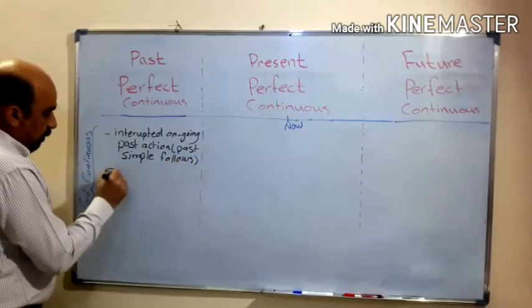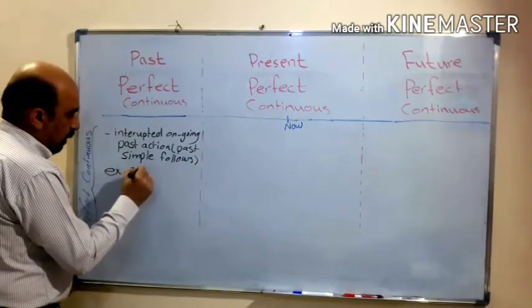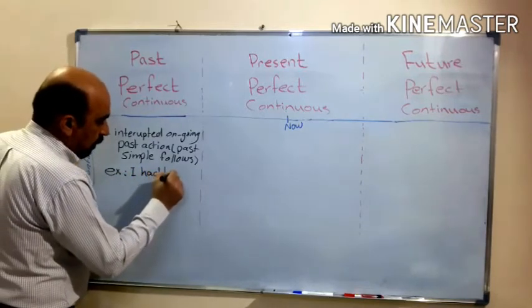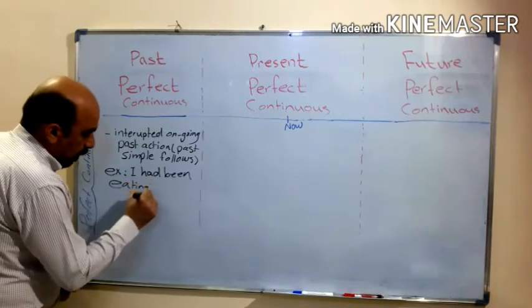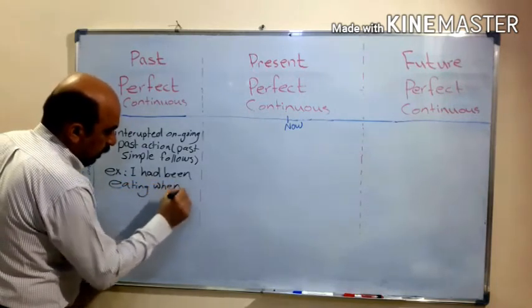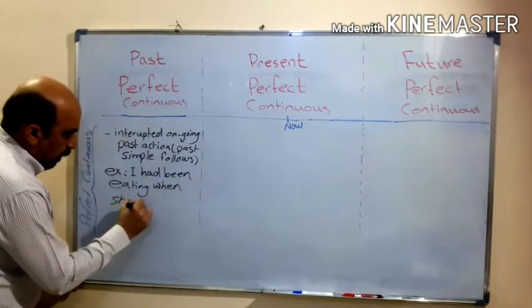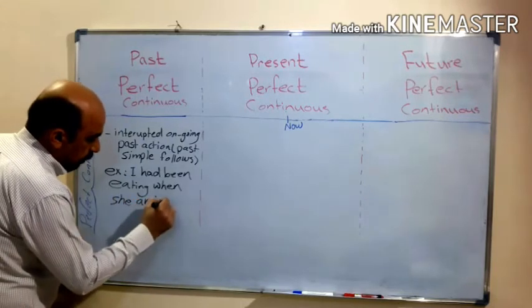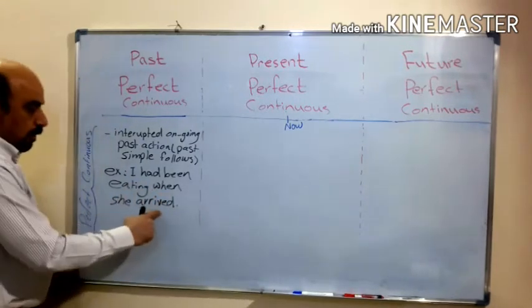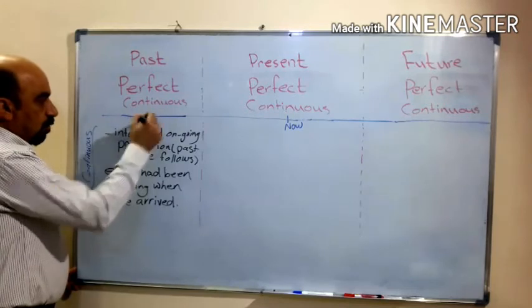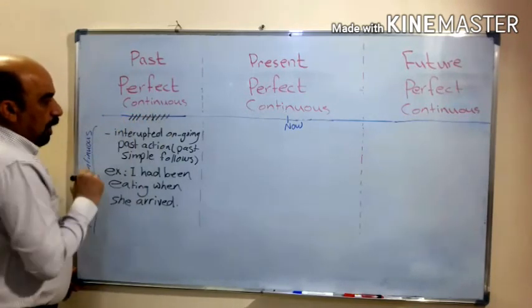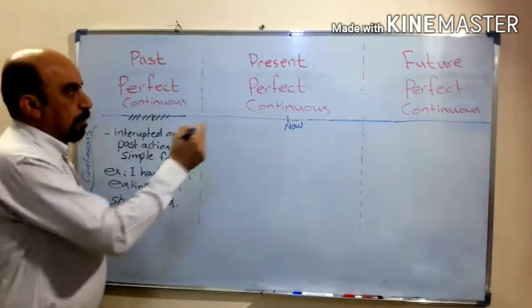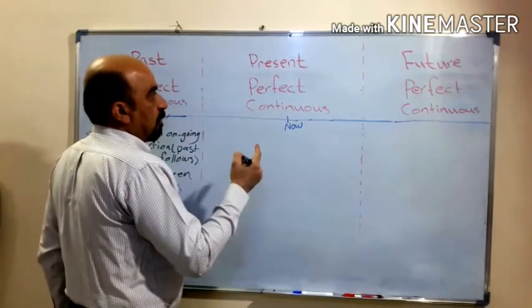For example, I had been eating when she arrived. Here, the eating action was interrupted by the arrival action.